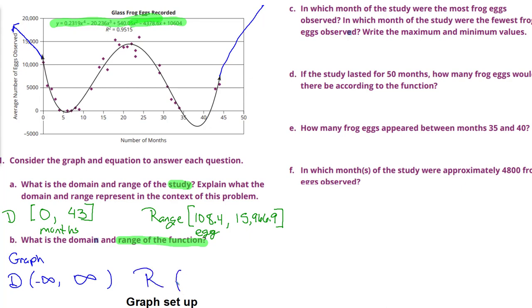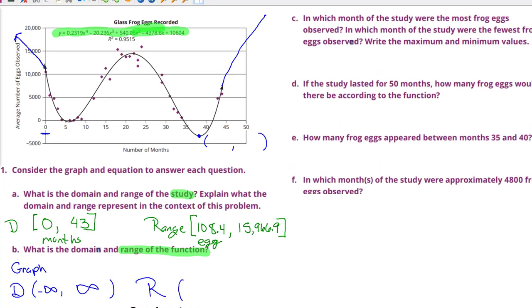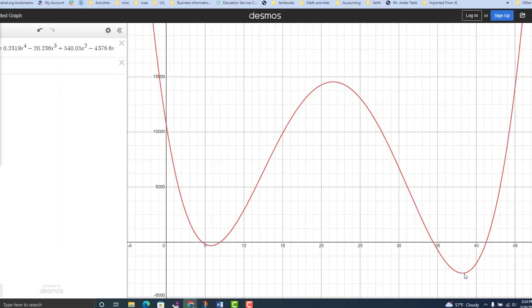Range, we're going to look at the same thing, but this time we're going to look at y's. What is the lowest point I can go to? Right there, right? So we need to find out what the y value is here. So if you'll go to your graph, and you're going to find the minimum around this point here.